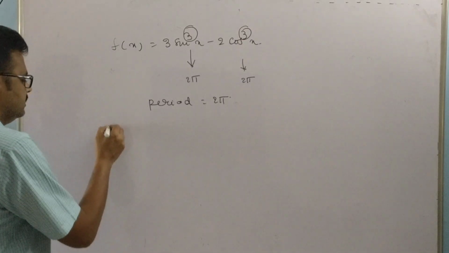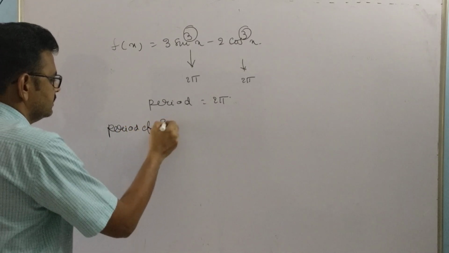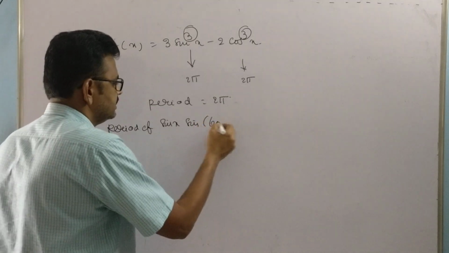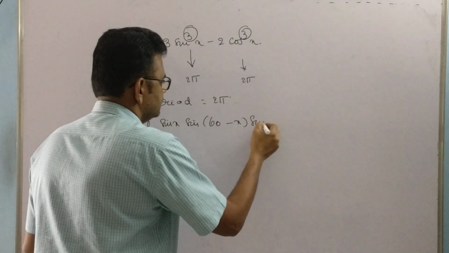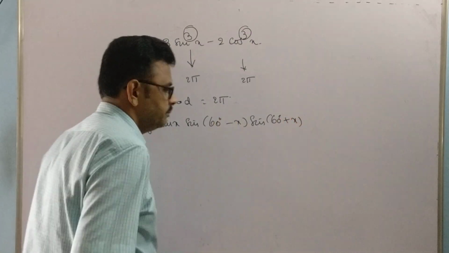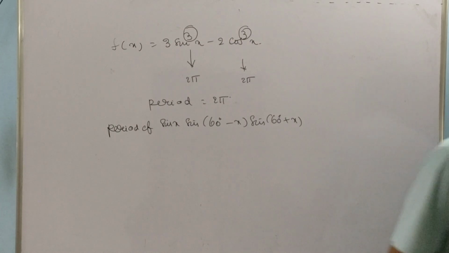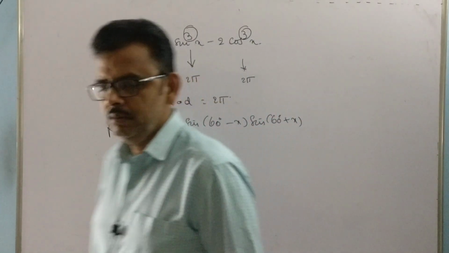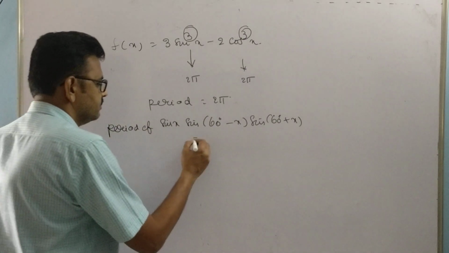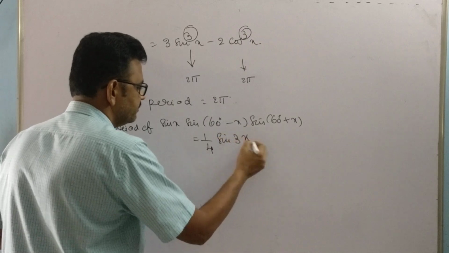Next one, the period of the function sin x into sin of 60 minus x into sin of 60 degrees plus x, period equal to. So this is equal to 1 by 4 into sin 3x, by simplification.